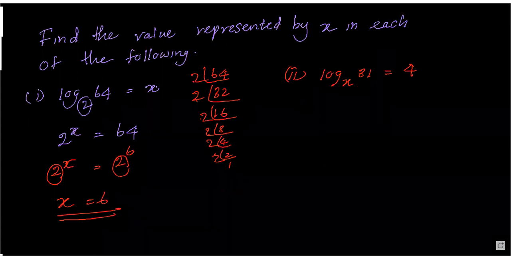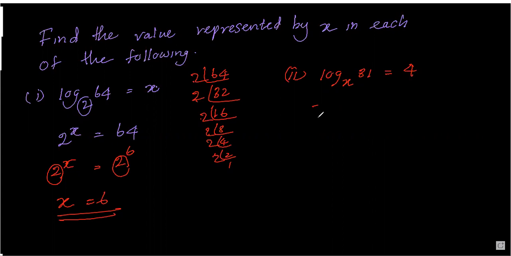Yes, teacher. Right. Then we can write log x base 81 equals 4. Even we can write x to the power 4 equals 81, where x is the base. We can write 81 also with index 4.